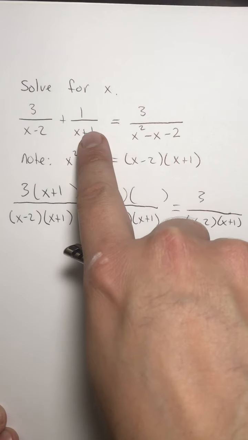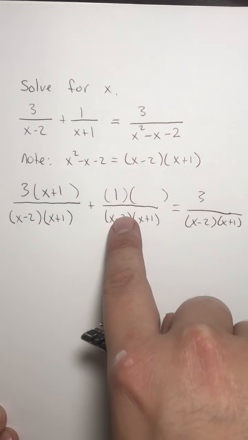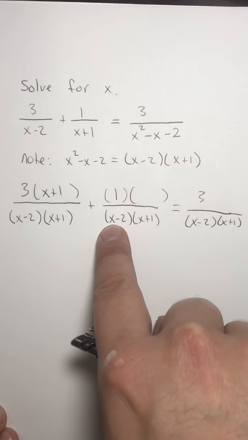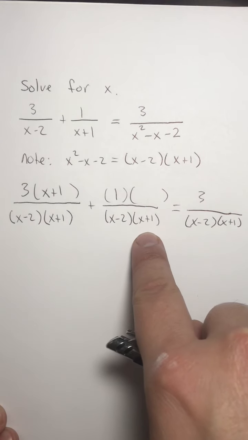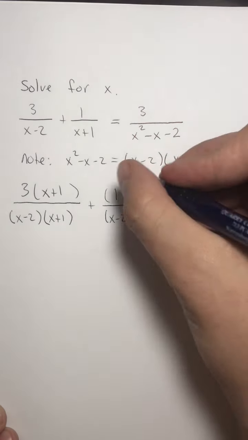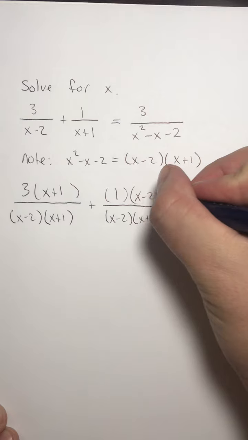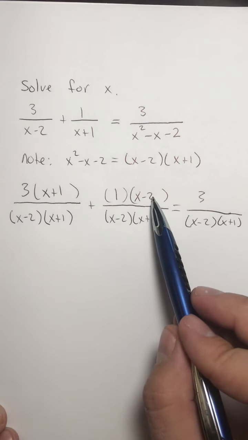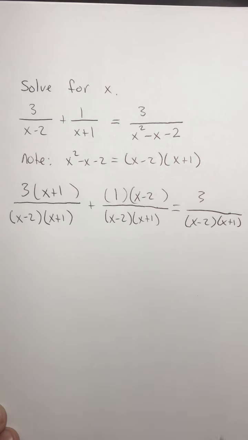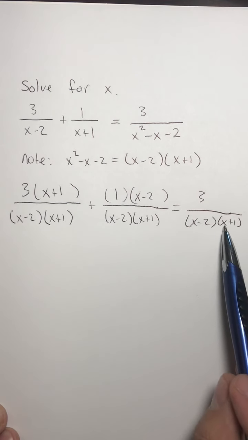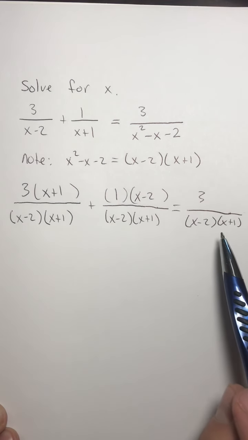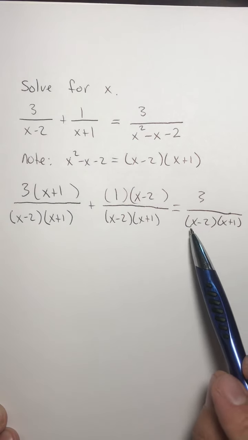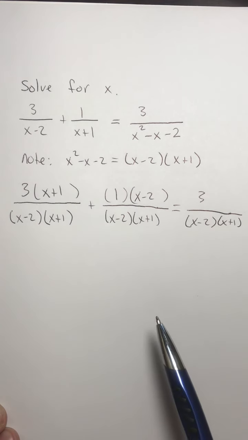Over here, we originally had 1 over x plus 1. We want to write that with the denominator of x minus 2 times x plus 1. So in order to not change the value of that expression, we must multiply this expression's numerator by x minus 2. On the right-hand side of this equation, we don't need to manipulate it at all because we already have the common denominator.